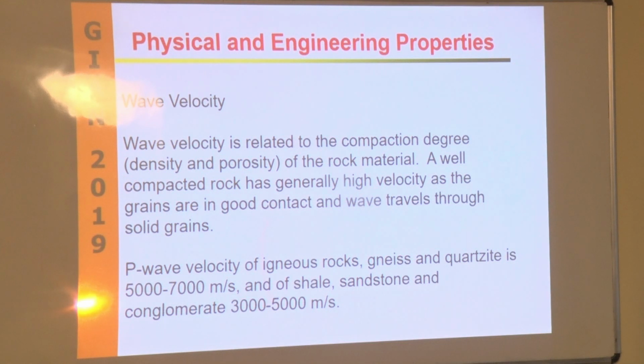Now, you have the same sample and you get maybe 3,500, maybe 2,500 meters per second. What is it telling you? It's telling you that probably there are some cracks there that you don't see, but are present. So it's telling you the state of your sample before testing.